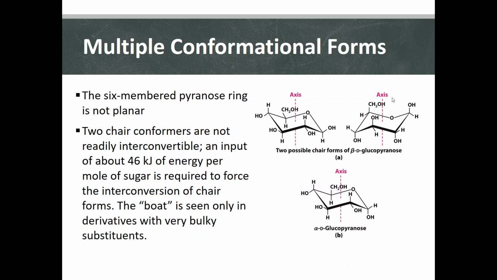Of the two chair conformations of beta D-pyranose, the one that predominates is the one in which the bulkiest substituents occupy equatorial positions rather than the more crowded axial positions. So even though you have two conformational possibilities, there is a preferred conformation that positions substituents to minimize steric clash.